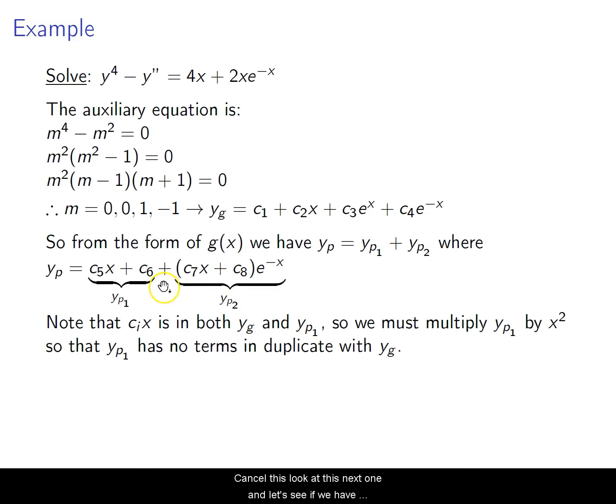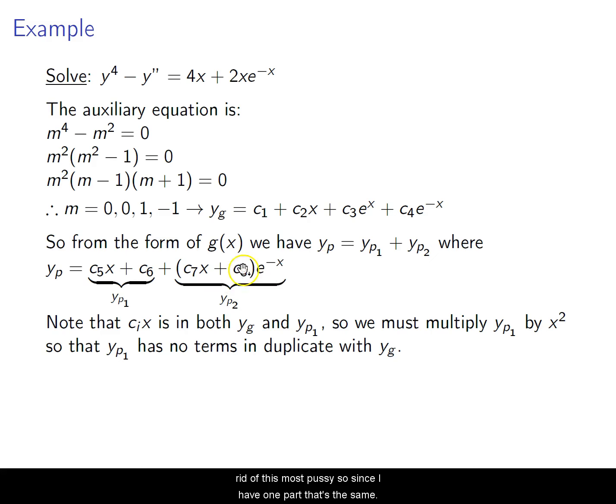Let's look at this next one and see if we have multiplicity here. It seems like we do, because I have a C4e to the negative x, and if I were to multiply this out, I would have a constant multiple of e to the negative x. So this e to the x portion doesn't have any multiplicity, but this does. So I'm going to look at this one separately and ask, what would I need to multiply this by in order to get rid of this multiplicity?